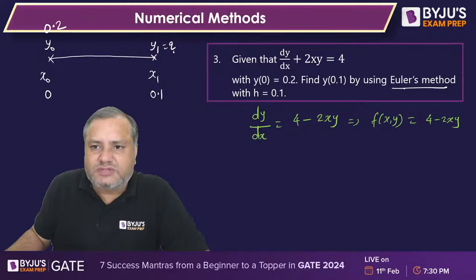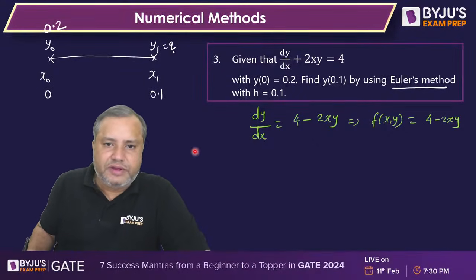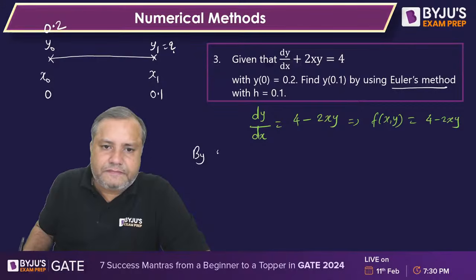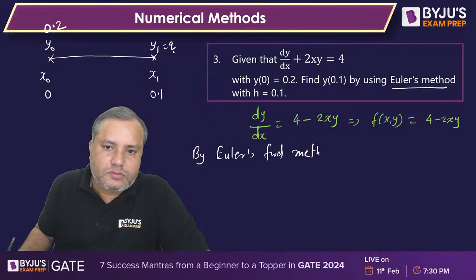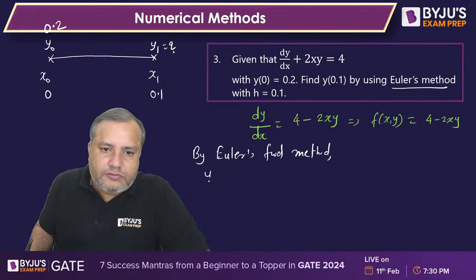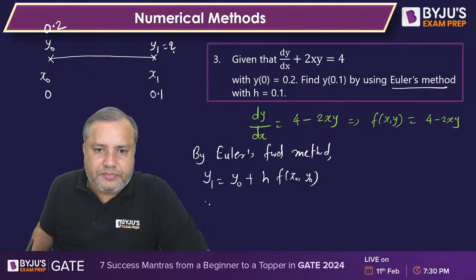We have Euler's method. If nothing is mentioned, it means you need to follow Euler's forward method. By Euler's forward method, y1 will be y naught plus h times f of x naught, y naught. That is the formula.